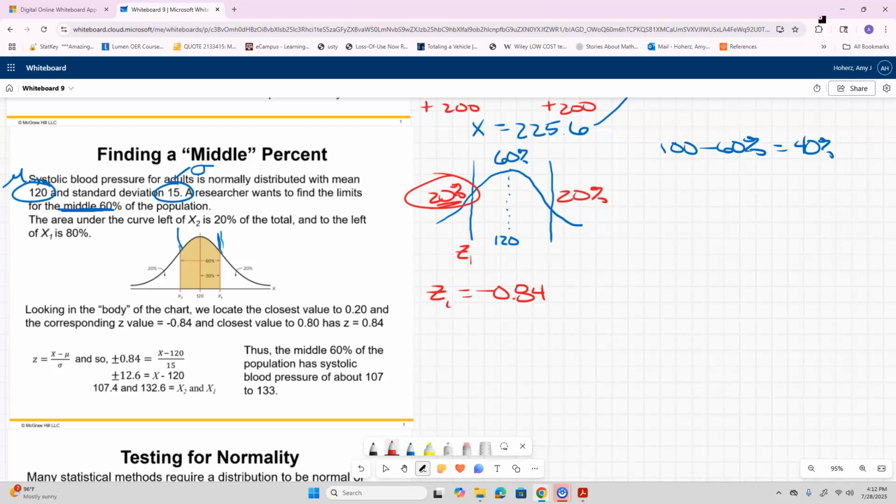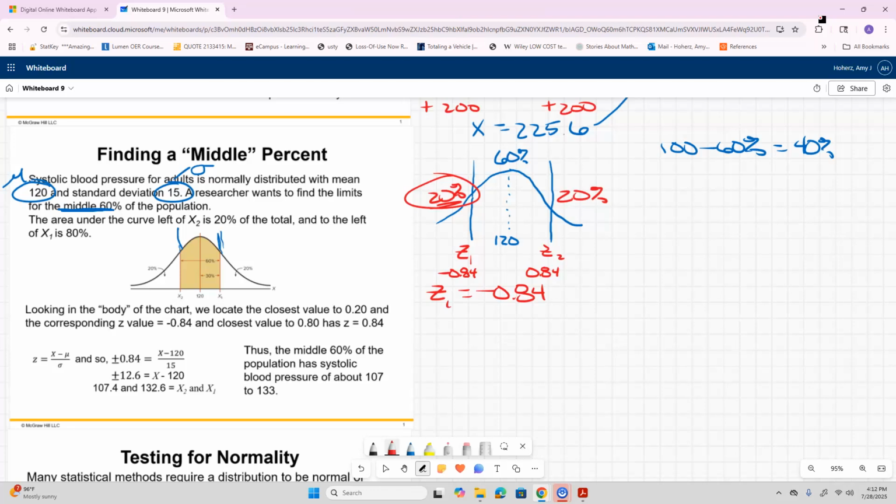But this is symmetric. So if this z is negative 0.84, then z2 is positive 0.84. So we can use symmetry to give us our two values.